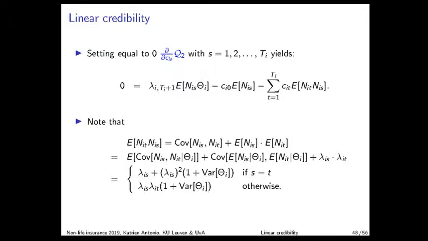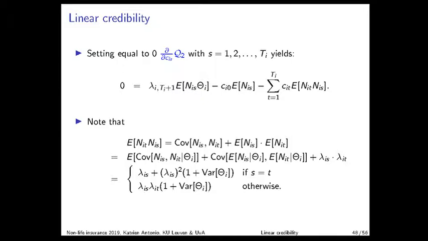And when you take then the expected value, the first term in the expression reduces to lambda_is because theta i has unit mean. The second term then becomes lambda_is squared multiplied with the variance of theta i, and the last term is lambda_is squared.